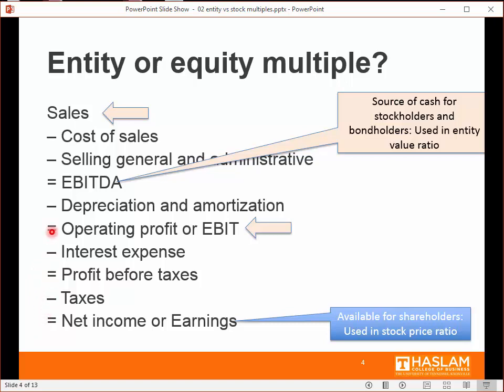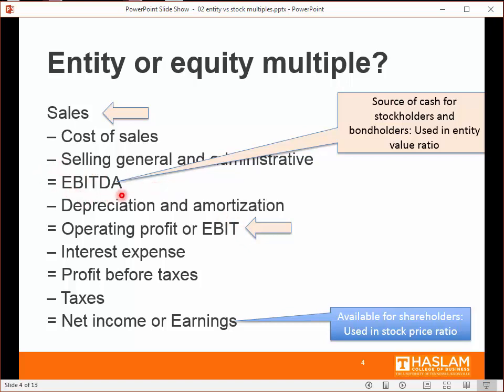And so this EBIT is a cash flow that's available for both stockholders and bondholders, and so consequently, you wouldn't use EBIT to measure an individual stock price. Rather, you'd use EBIT to measure the entire value of a company. So you wouldn't do a price to EBIT ratio. You'd use an enterprise value to EBIT ratio.